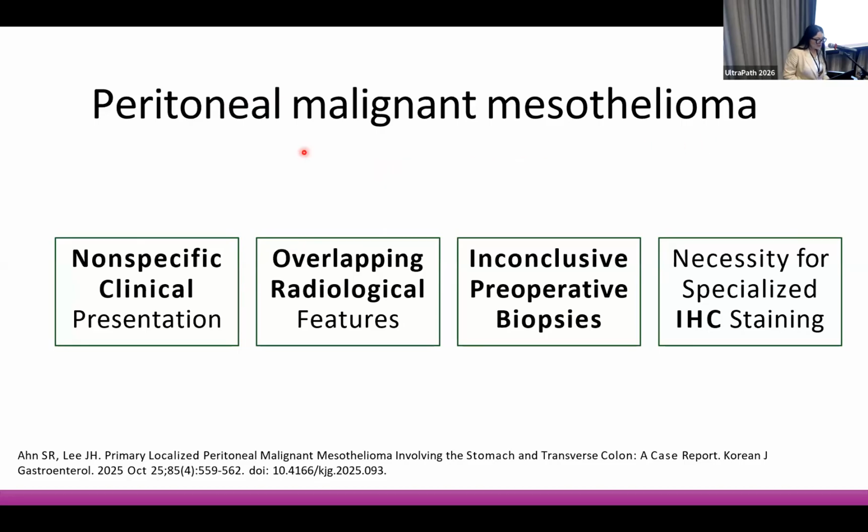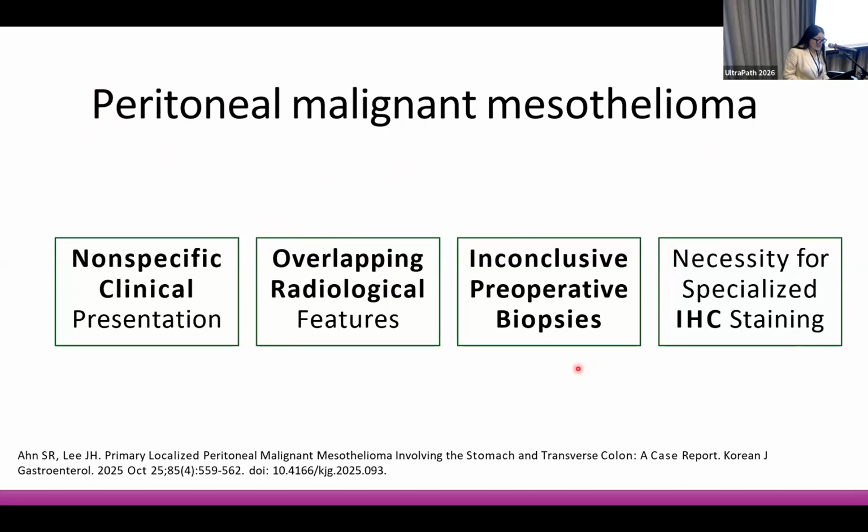So making this diagnosis is very complicated because there is no specific clinical presentation. We must rule out other entities before making this diagnosis. And another problem is the overlapping of the imaging studies.